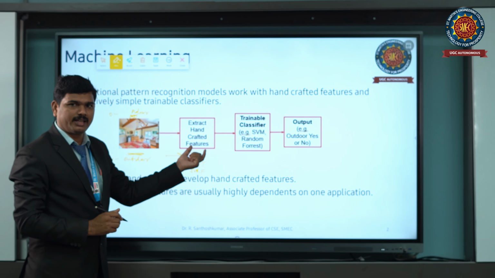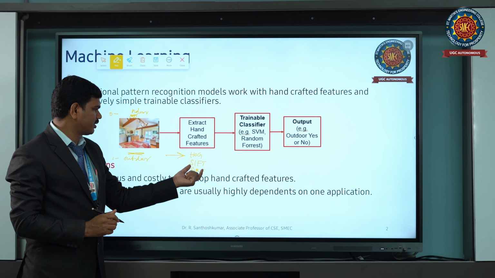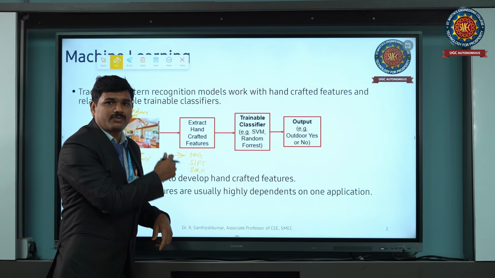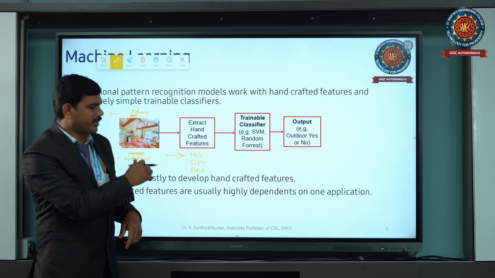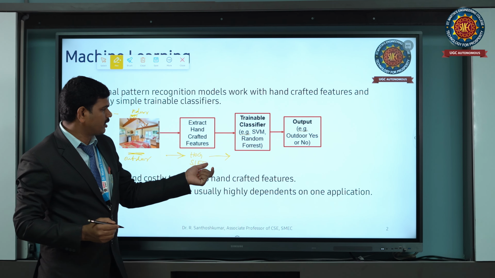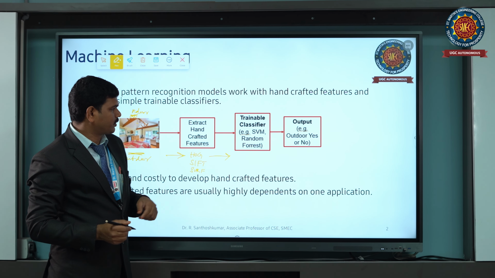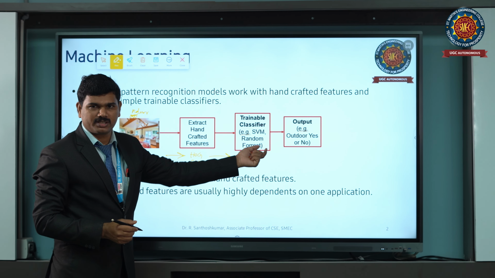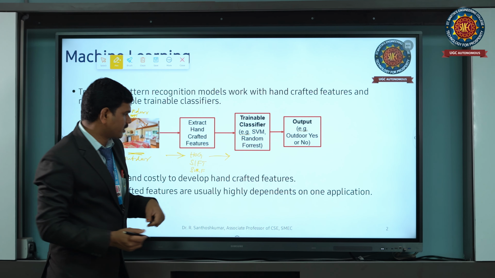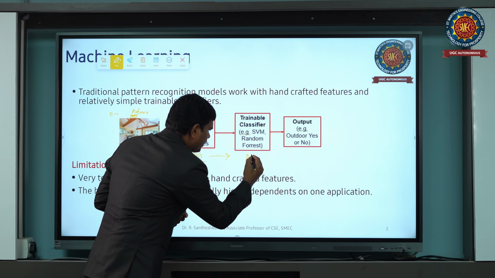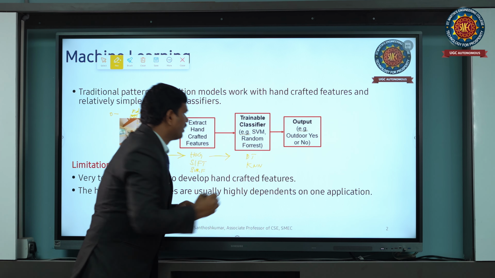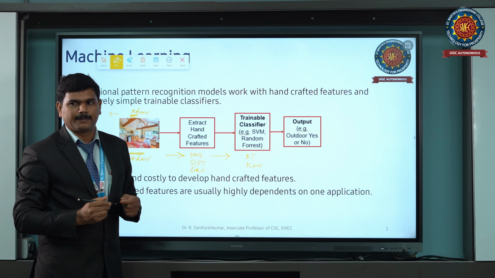For that, I have to extract the features using these algorithms HOG, SIFT and SURF. Once the feature values are extracted from the image, I am going to give the input feature vectors to the classifiers. Say for example, support vector machine is one of the classification algorithms. Random forest is one of the classification algorithms. Similarly, decision tree is there. KNN is there. There are so many classification algorithms.